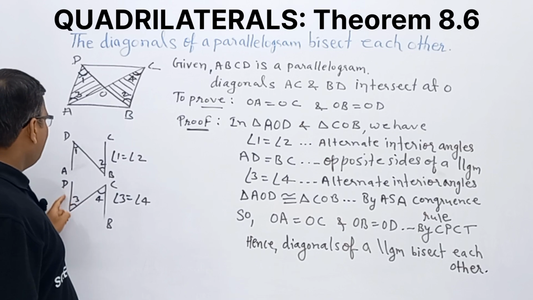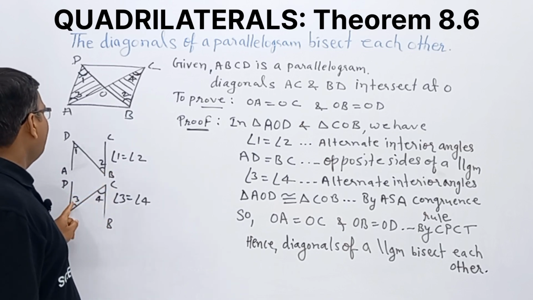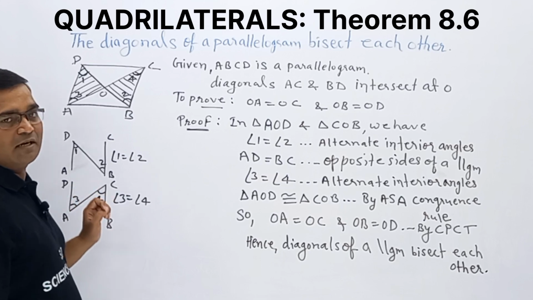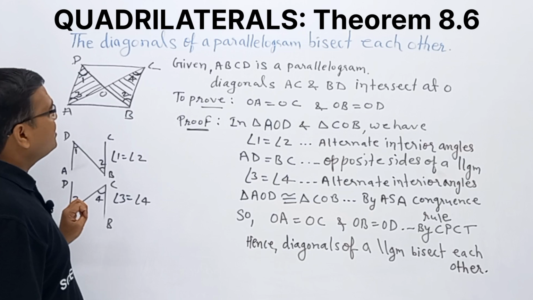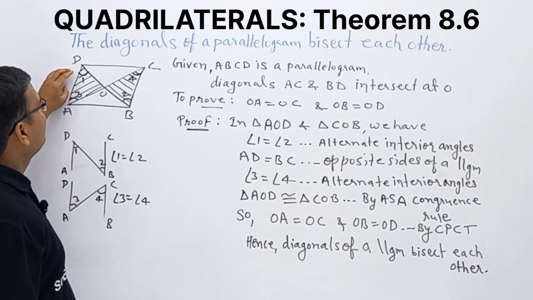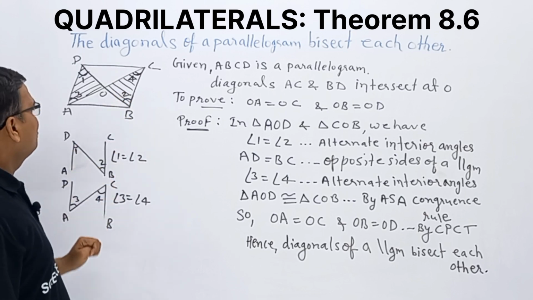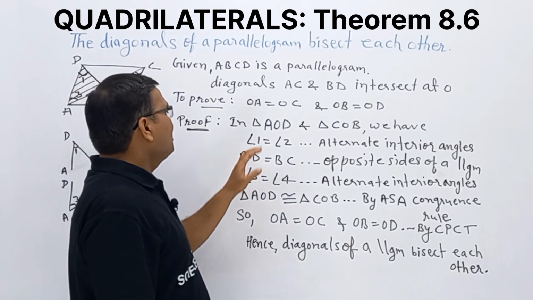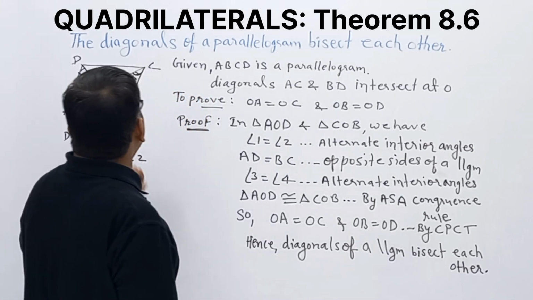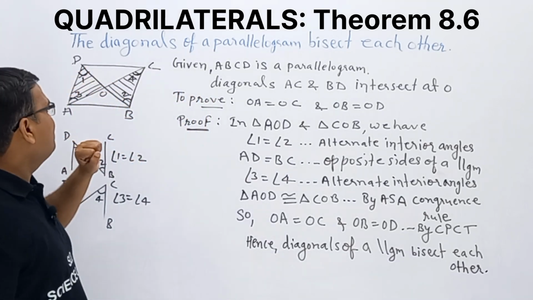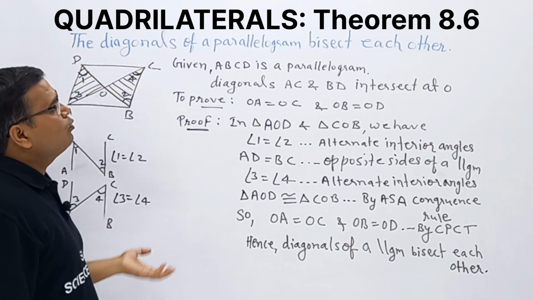And taking AD and BC parallel and AC a transversal, angle 3 equals angle 4, because alternate interior angles. Another thing we have is AD equals BC, because opposite sides of a parallelogram. From these three things triangle AOD is congruent to triangle COB, then corresponding parts of these two triangles are equal. So OA equals OC and OB equals OD, and what we wanted to prove, we proved.